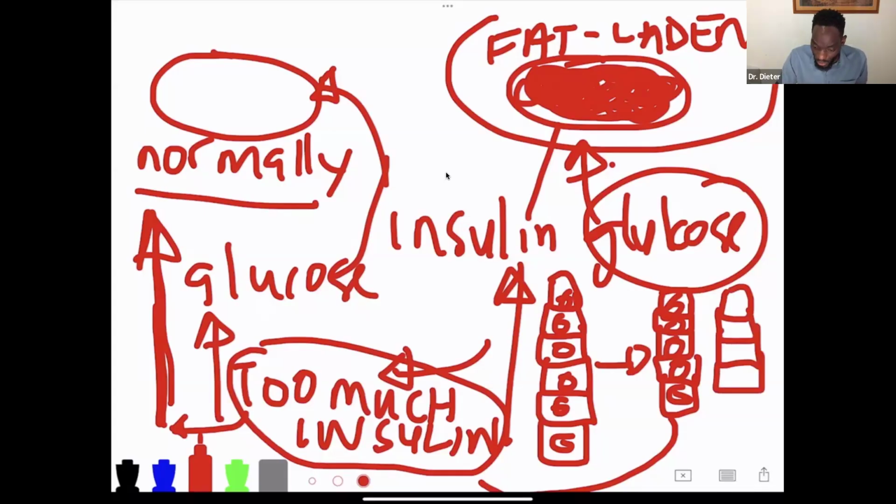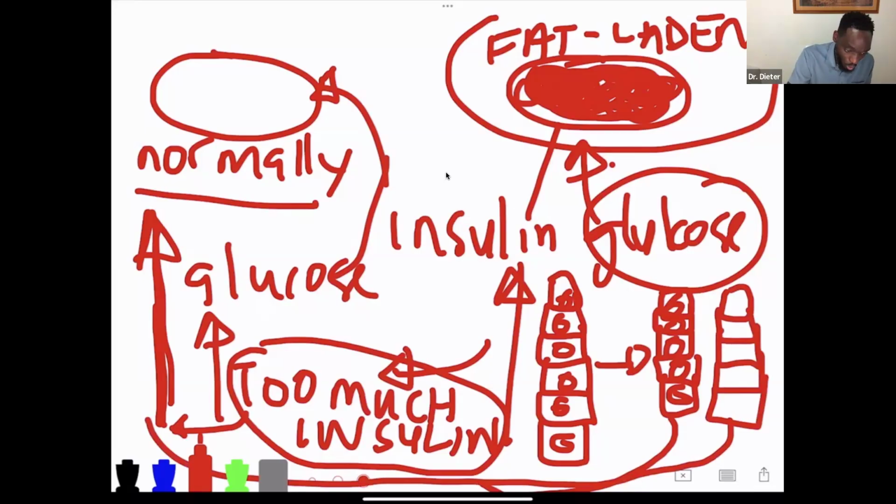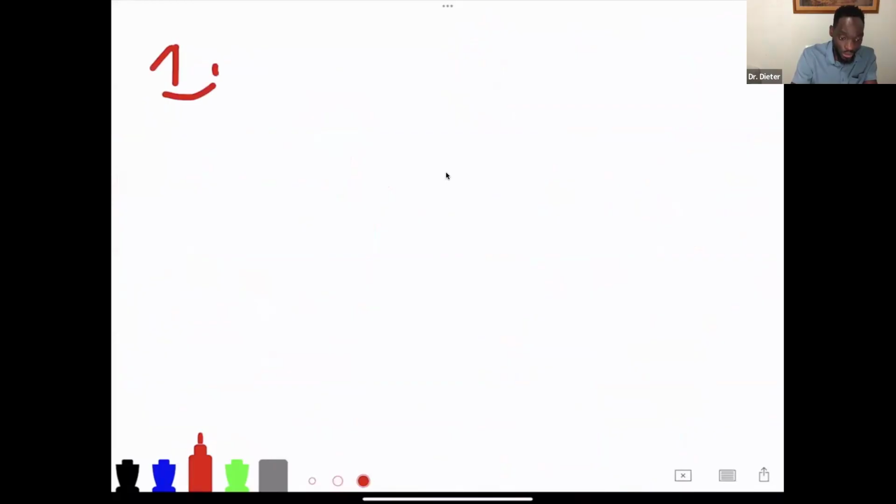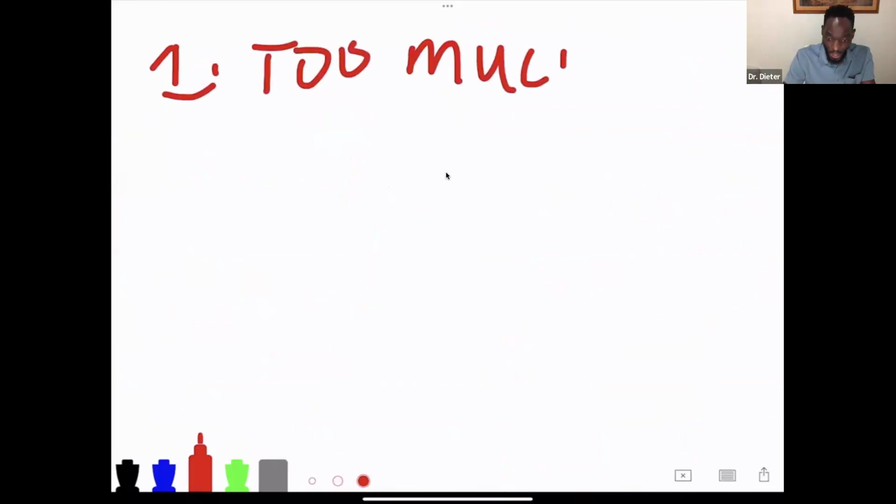You guys see where I'm going? That further worsening goes back to this and worsens insulin. It's just a process, a vicious cycle over and over again. So that's how you develop insulin resistance: number one, too much fat, and number two, too much insulin.